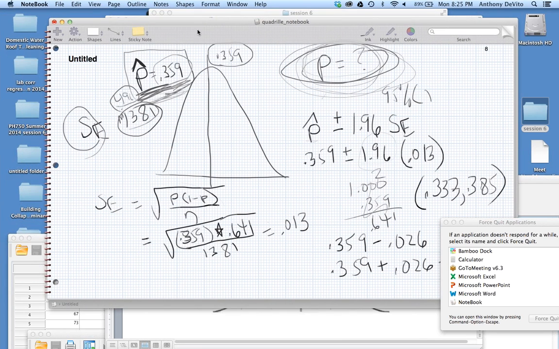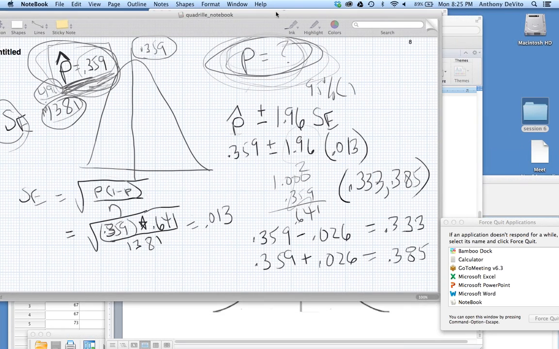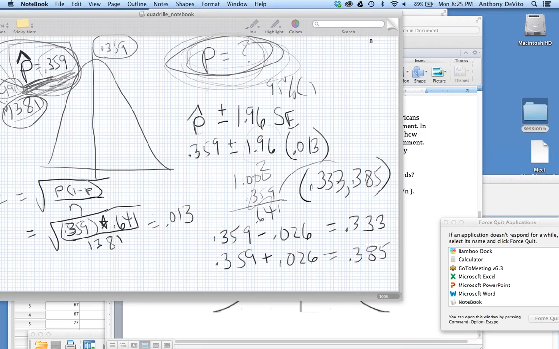Now, when I did this, all I knew was this number, 0.359, might be a pretty good estimate of the true proportion for this entire population of people that would go to the polls and vote that way. But this tells me what my level of confidence is.